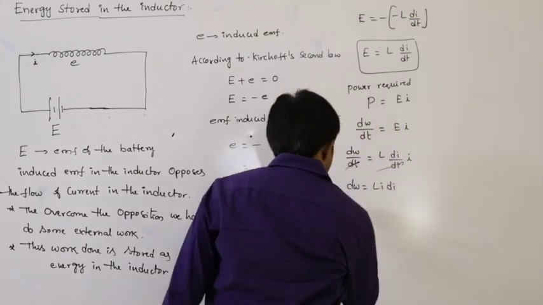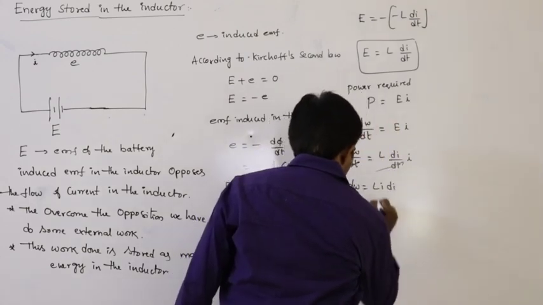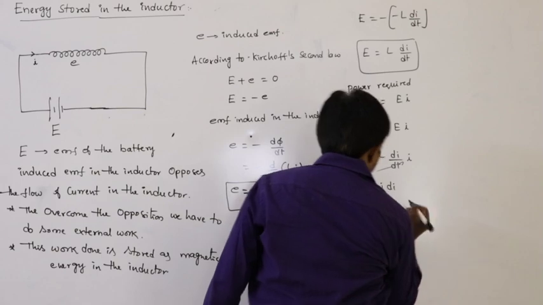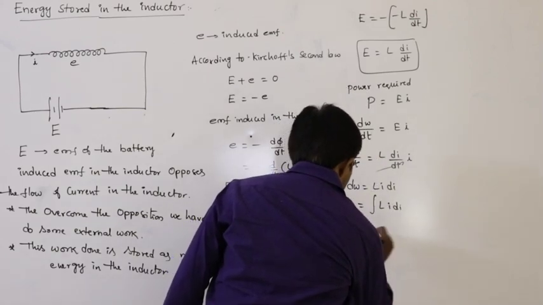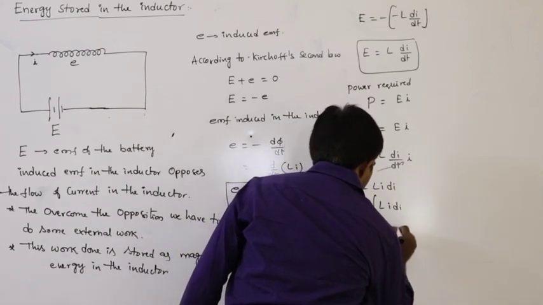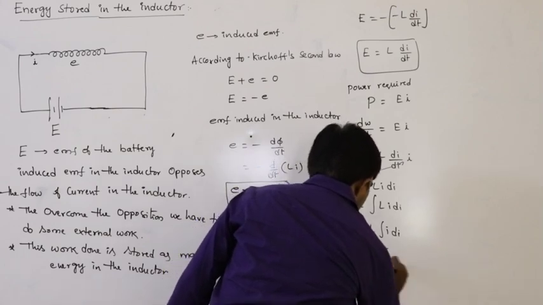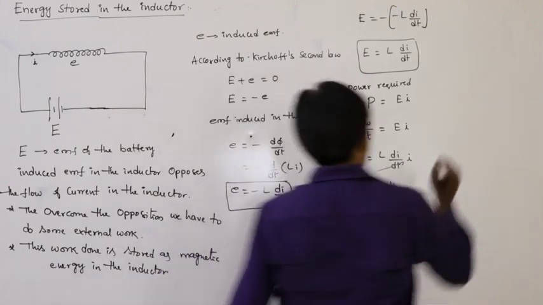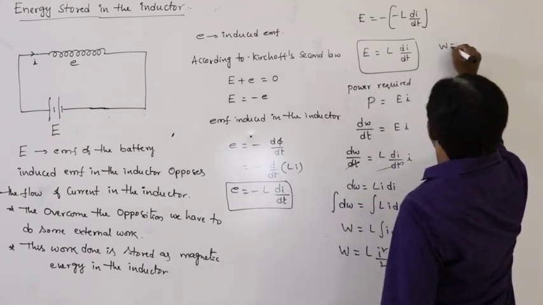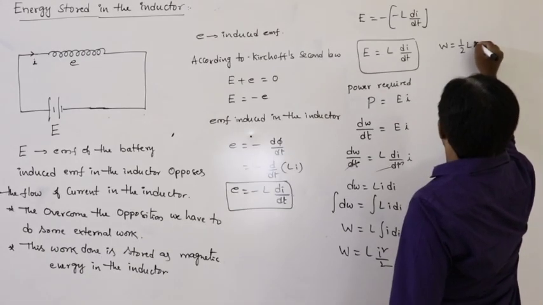Next, integrating on both sides, the total work done is the integral of L i di. So W is equal to L into the integral of i di, that is L into i squared by 2. Therefore, this work done can be written as half L i squared.